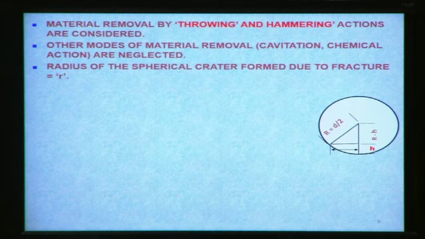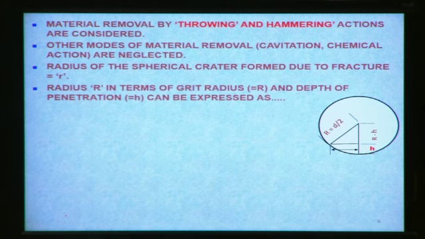The radius of the sphere or crater formed due to this fracture is small r. Small r, in terms of the grit radius capital R and the depth of penetration small h, can be expressed as follows. From this triangle, small r square equals capital R square minus (R minus h) square.